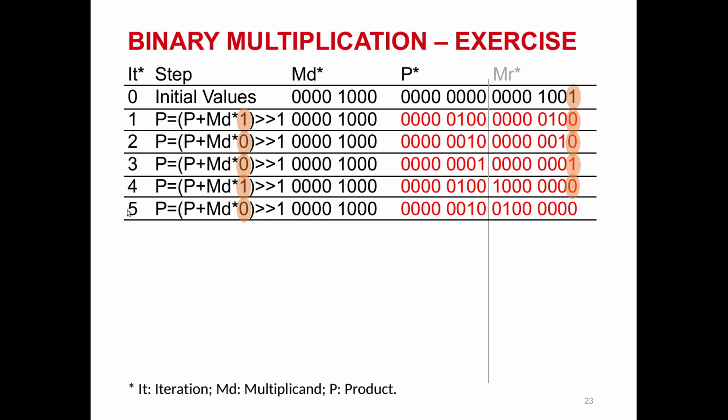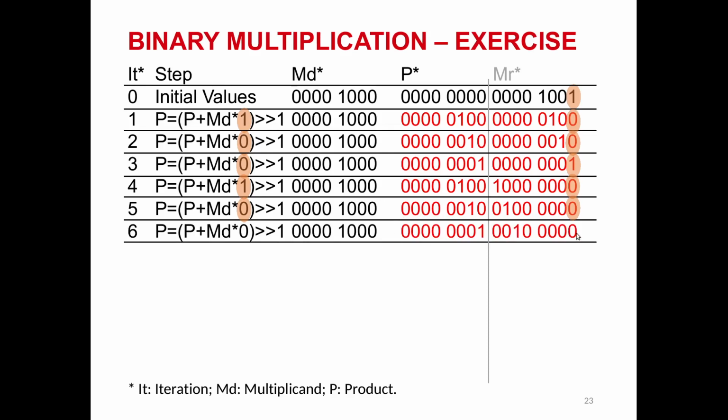After that, here is 0, and similarly we change nothing for P, but just shift it 1 bit to the right, and so we have the new value here. And again 0 is available here, and so we will shift P to the right one more time, and we have this value.